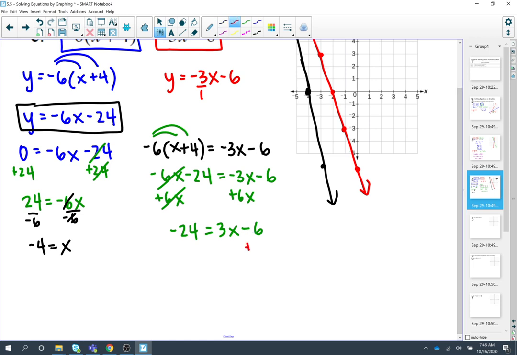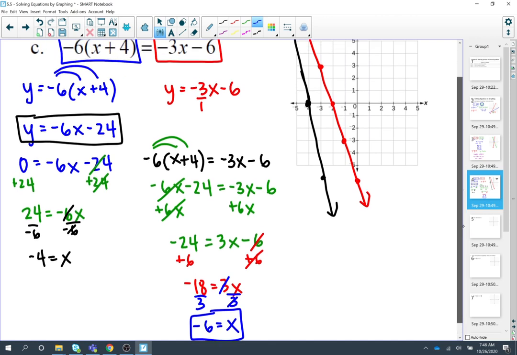Then I'm going to add 6, which will get me -18 equals 3x. Then I'm going to divide by 3, which is going to get me -6 equals x.